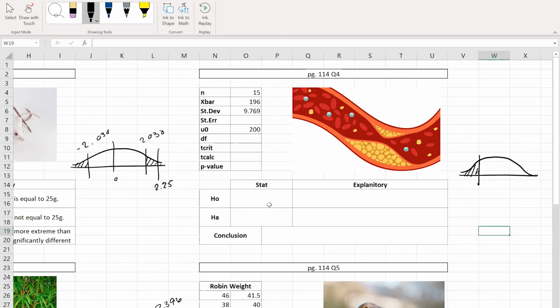So we want to know if this drug decreases cholesterol. So the null hypothesis is X bar is greater than or equal to 200 micrograms per deciliter. The alternative is that our X bar is less than 200 micrograms per deciliter.